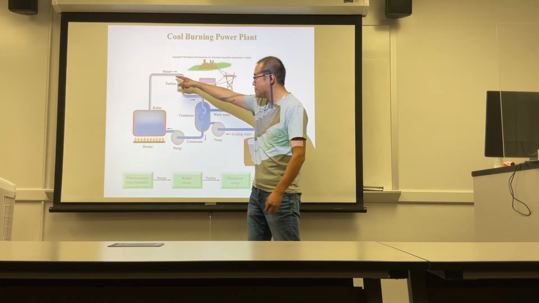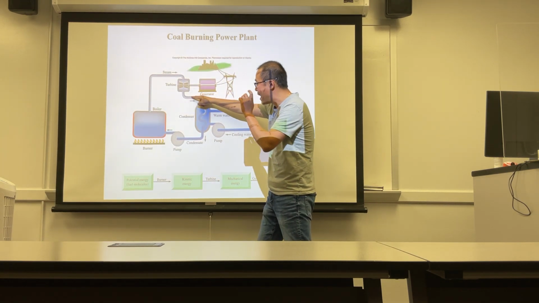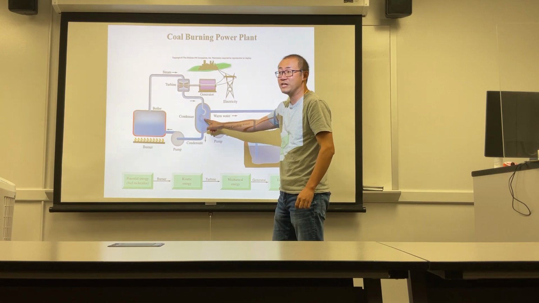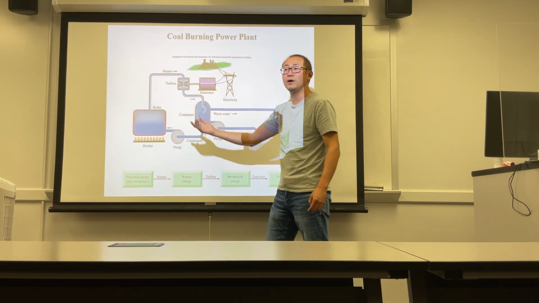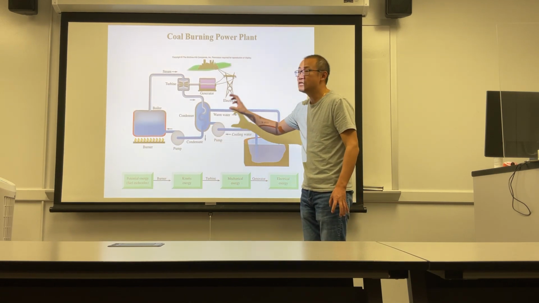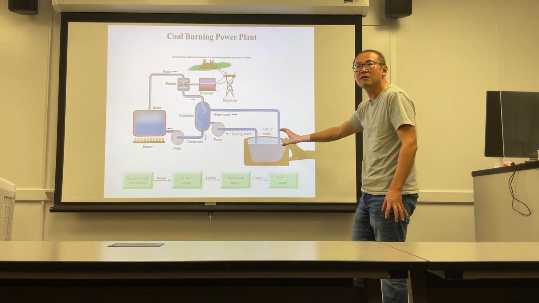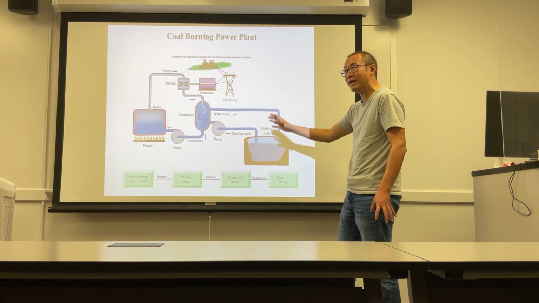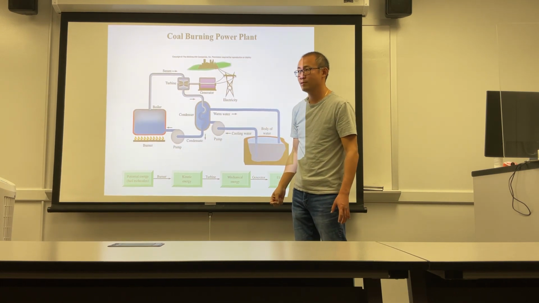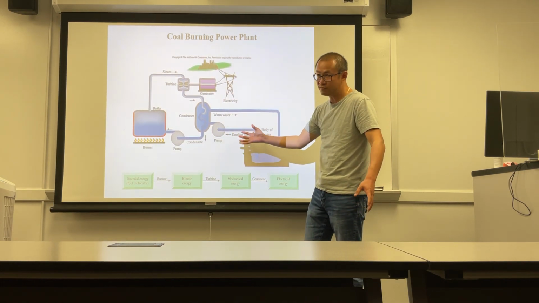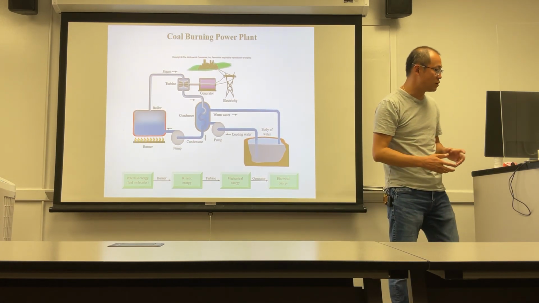And because the steam is in a sealed, high pressurized system, the hot steam has to be cooled down by a condenser and sent back to the boiler to be boiled again. So in order to cool down the hot steam, you need a large body of water pump circulating cold water to cool down the hot steam. Does it make sense? So this is what we have seen before, how a coal burning power plant works.